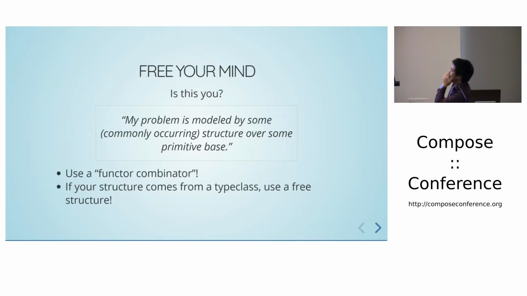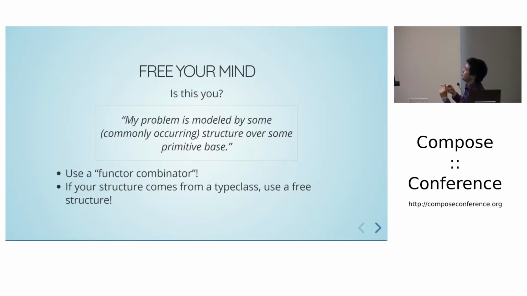There's a lot of free structures out there. For most type classes in Haskell that you use commonly that are in this form, I would say most of them have a free structure. These are very common abstractions. You can use a free structure to get that functionality for free in this way.